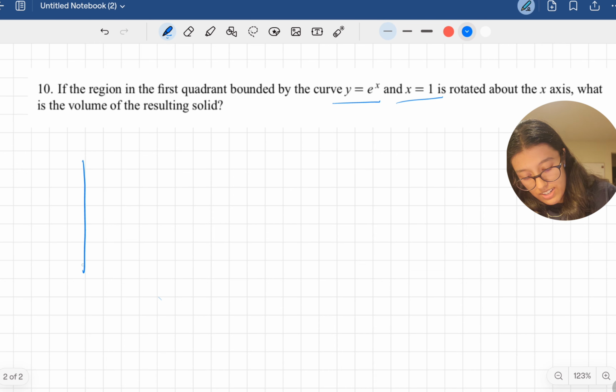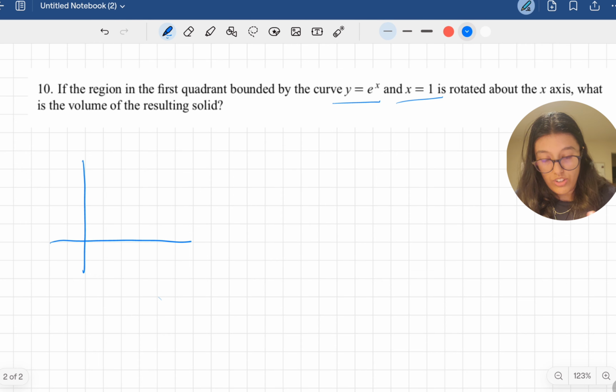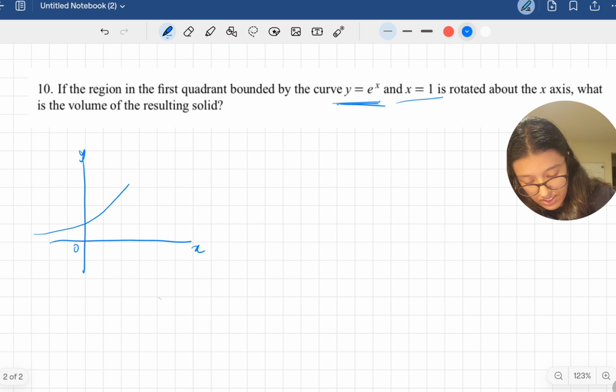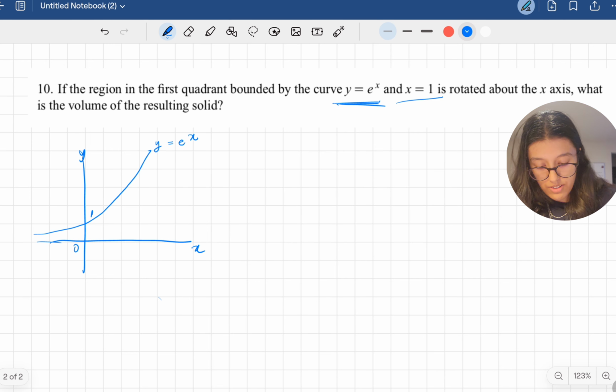So we know that it is located in the first quadrant, so I'm just going to draw the first quadrant right here. This is the y-axis, this is the x-axis, we have 0 here. And it says y equals e to the power of x. We know roughly that graph is going to look something like this. This is 1, and there we go.